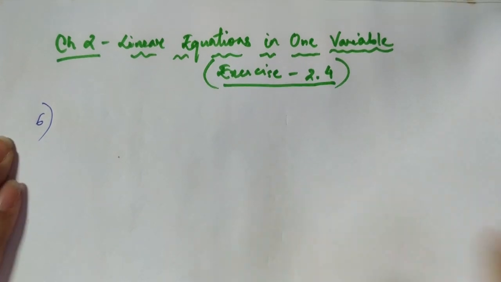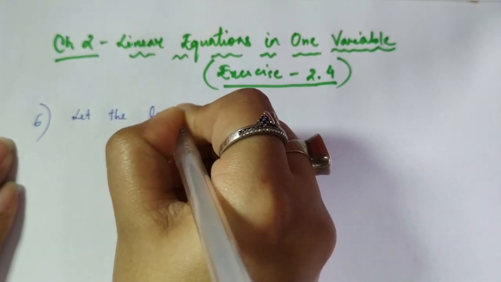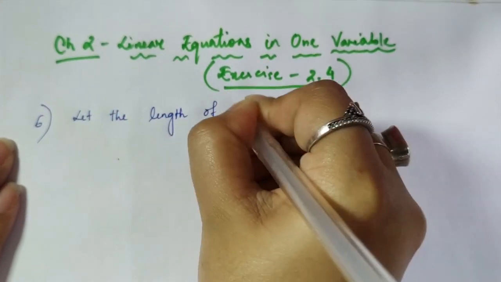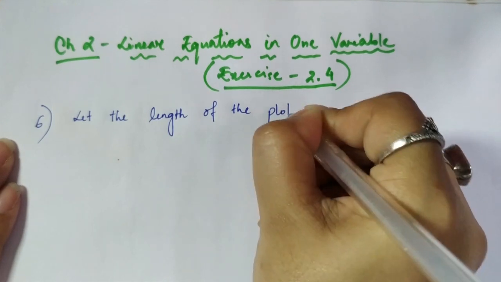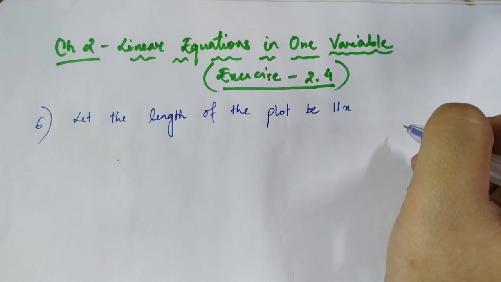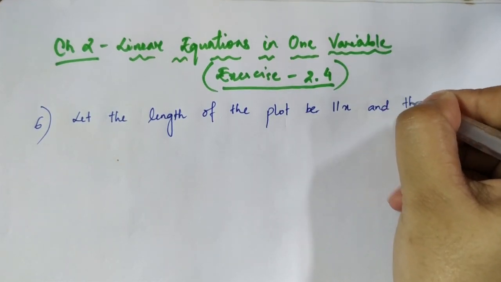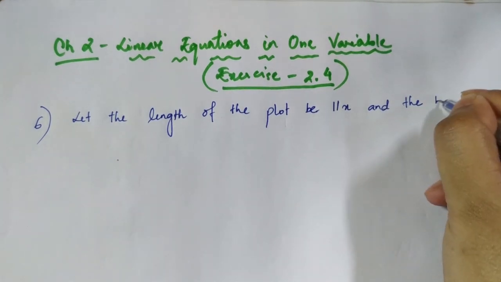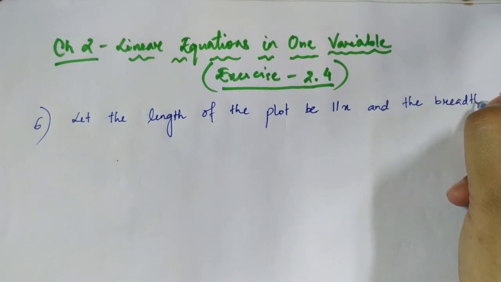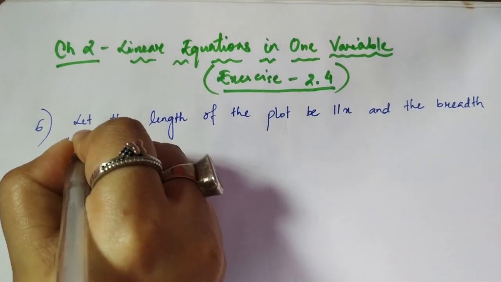The first thing is, since we need the dimensions, let us write, let the length of the plot be 11x because it's given length and breadth are in the ratio 11:4, and the breadth be 4x.